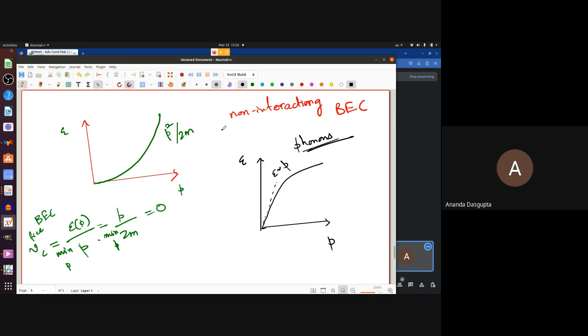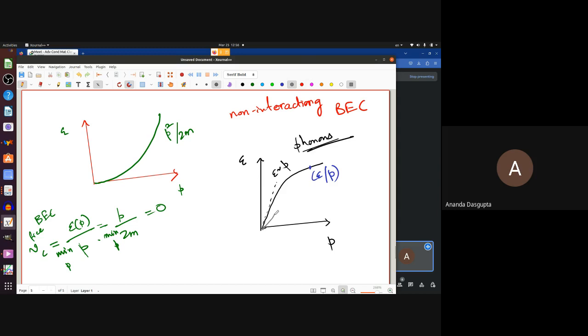Now here, in a curve like this, if you were to calculate epsilon by p, say at this point, can you tell me what this quantity means geometrically?